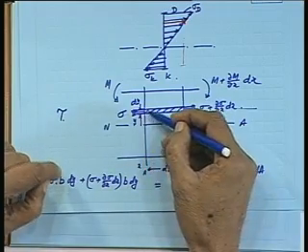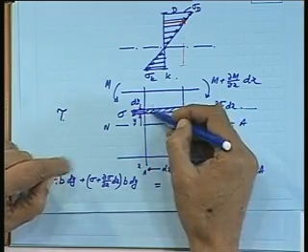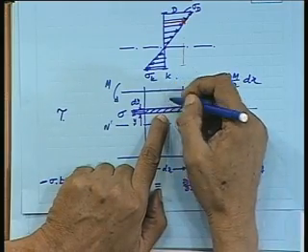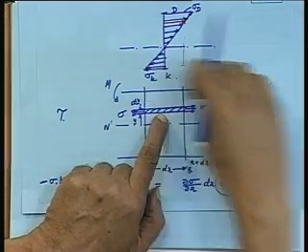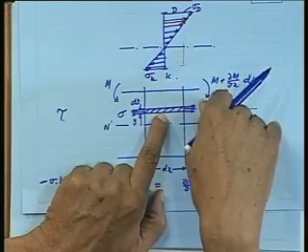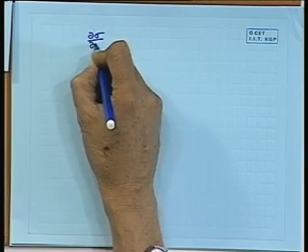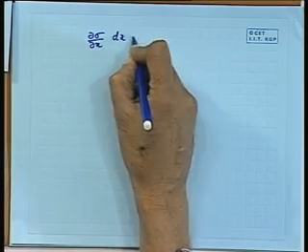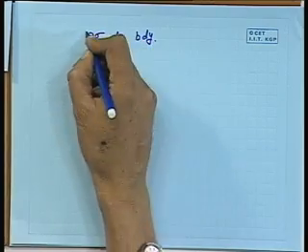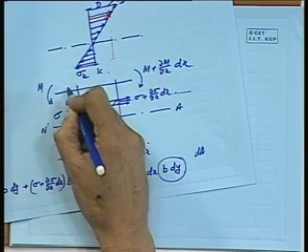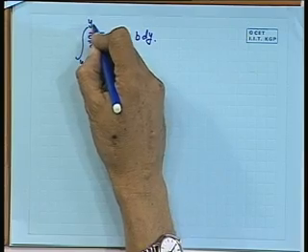If you sum up all such forces over the different slices away from this particular level, there will be a large force acting on this surface here. What is that force? You have to integrate this d sigma by dx dA from y to ym, where y is this and ym is the maximum.